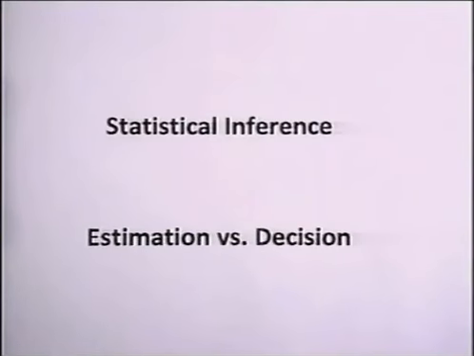In other words, there are two things that we're going to do in inference. We're either going to estimate and make a guess at what some value is. That's part of statistics. The other is using the methods of statistics to give us a recommendation for making a decision. Okay? And we'll look at how we do that.